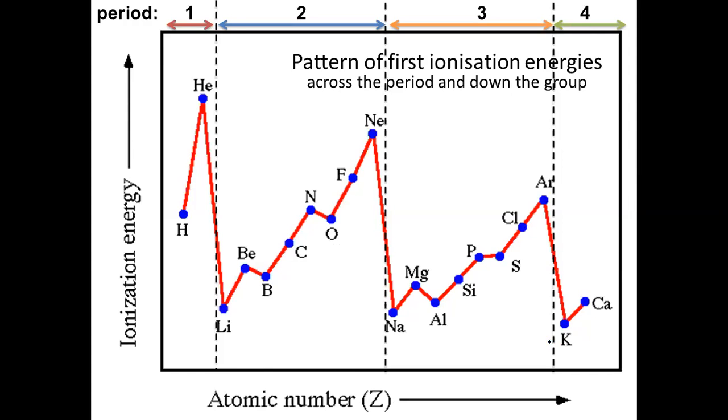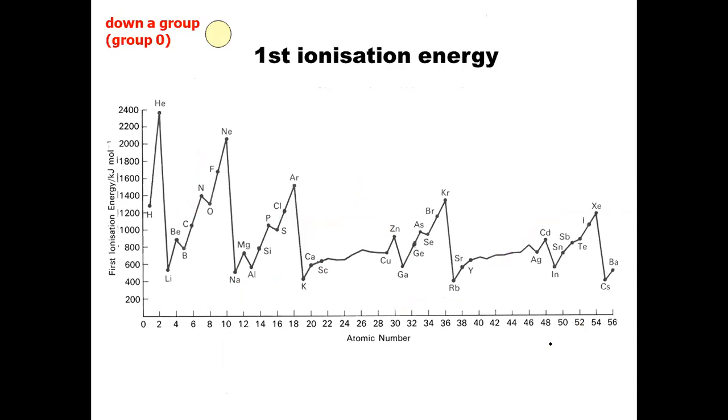Yes, further main shell evidence. So this is the full picture, yeah, not the whole periodic table, but for more elements. So you could see here, right, the first ionization energy down a group is decreasing. Yeah, as an example here it is group 0, but it's going to be the same for group 1, group 2, and so on.